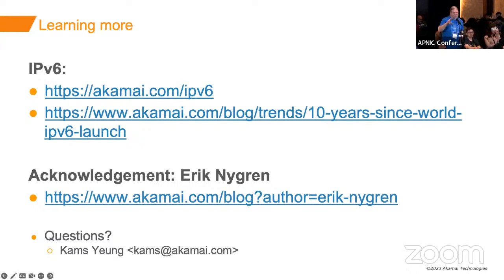I know Akamai publicly shared some numbers years ago, but I didn't see any recent numbers or measurements. Do you have any newer information? I think I could send some information to you, but the performance difference between v4 and v6, I just don't have off the top of my head, but I can follow up with you on that.